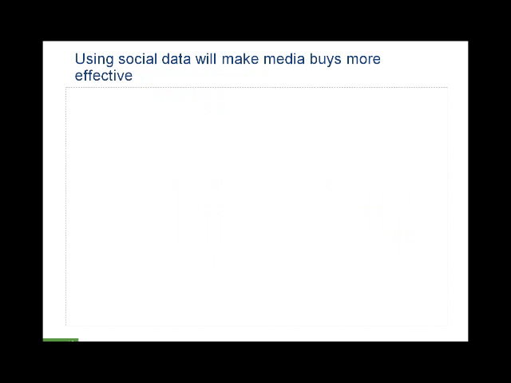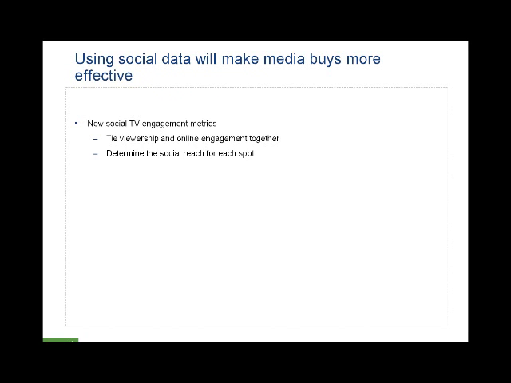So social data will actually make our media buys more effective in several different ways. So for one, it's going to introduce new social TV engagement metrics. So as social becomes a part of the TV experience, which it has, new metrics are emerging that tie viewership and online engagement together.